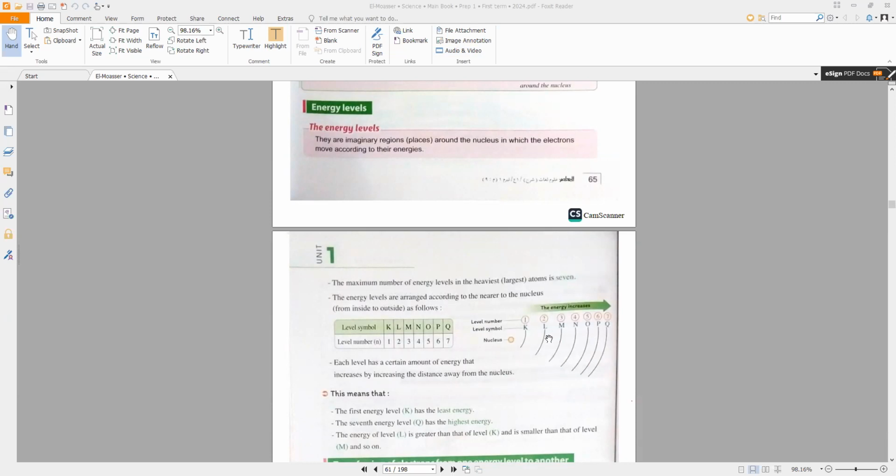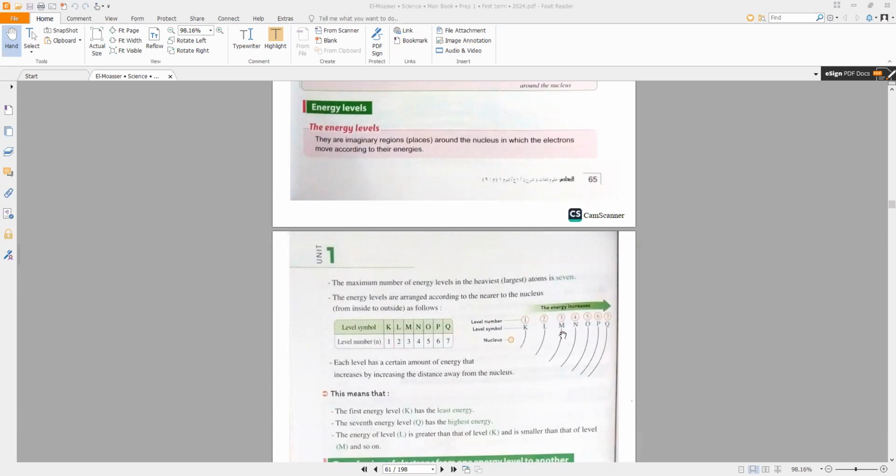The energy levels are arranged from the nearest to the farthest from the nucleus. The nearest level to the nucleus is K, and the farthest is Q. Each level has a certain amount of energy, and the electrons revolve inside the energy levels according to their energy.